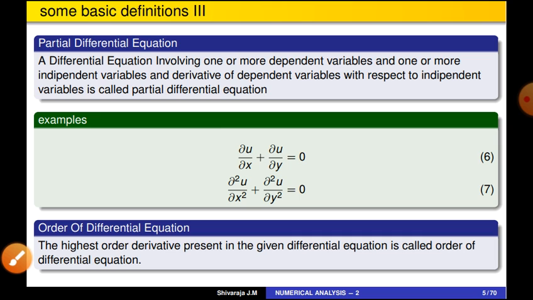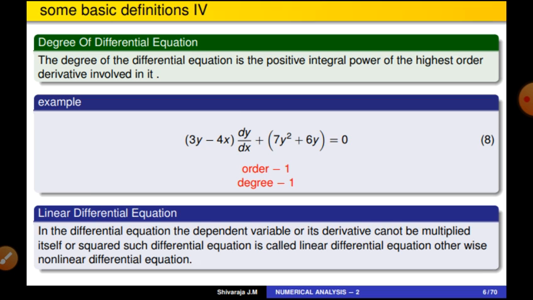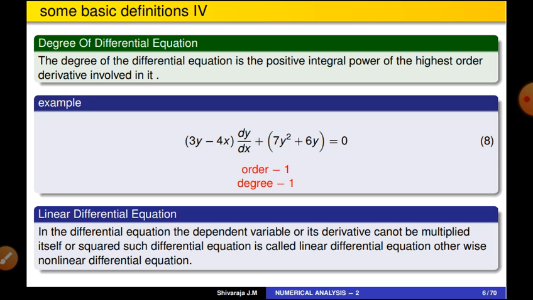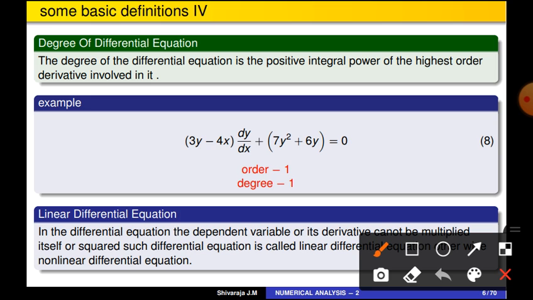Similarly, the order of a differential equation. The definition is: the highest order derivative present in the given differential equation is called the order of the differential equation. And the degree of a differential equation is the positive integral power of the highest order derivative involved in it.